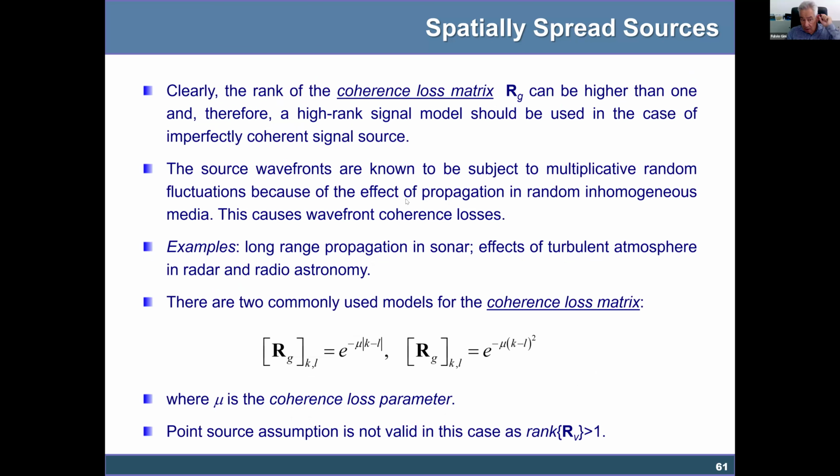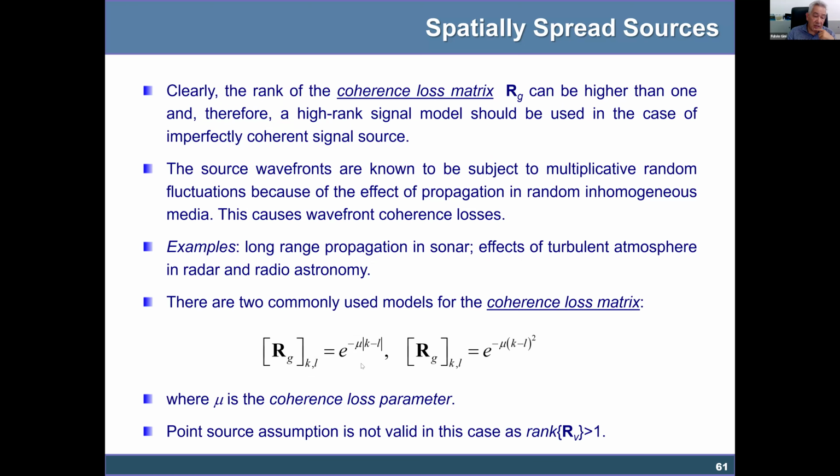Now, again, this matrix is called the coherence loss matrix because coherence loss is equivalent to, say, correlation loss or decorrelation. So this matrix has a shape that takes into account the decorrelation effect that we have. A typical approach is to introduce a parametric model of this matrix.